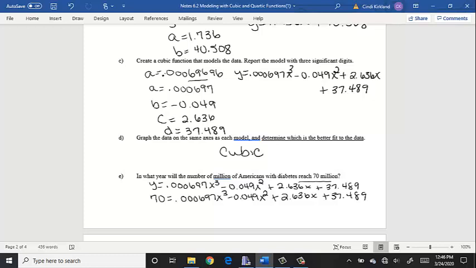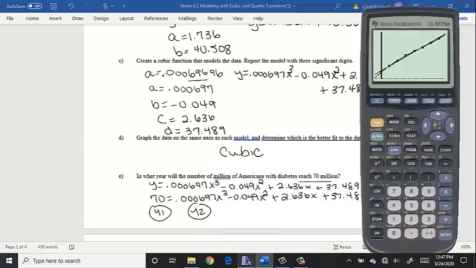All right, so if you'll recall for our calculator, we're going to put Y1 in as 70, Y2 will be our formula, and we're going to do an intersect on that. So let's go back to our data. Since I already have that in Y1, I'm going to put 70 in as Y2.